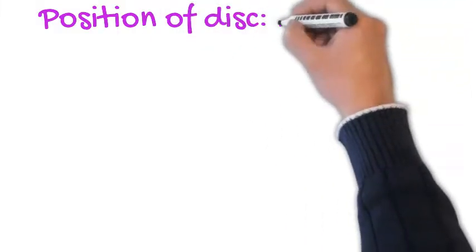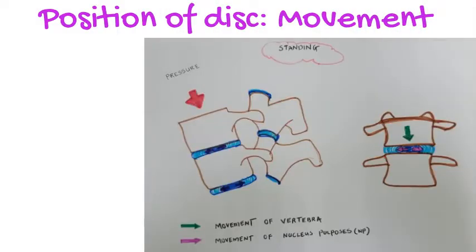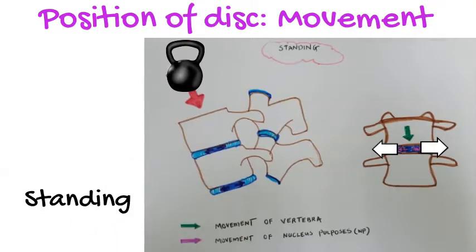A popular theory regarding the fluid mechanics is that it is influenced by the motion of the lumbar vertebral segment. During standing, the body weight causes the nucleus pulposus to move sideways, as shown by this picture.